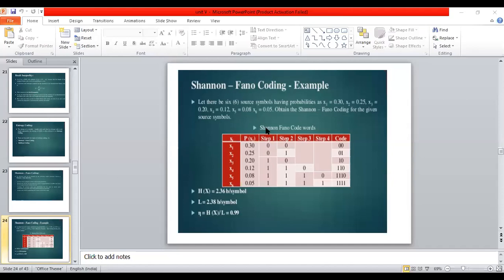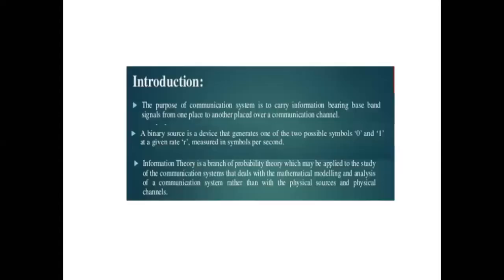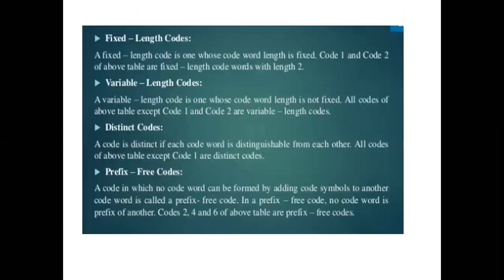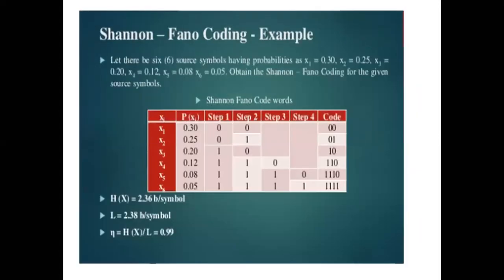Okay, then take your pen and your notebook and write the question. Let the source have 6 source symbols with probabilities 0.3, 0.25, 0.2, 0.12, 0.08, 0.05.